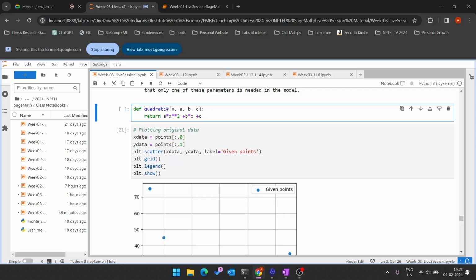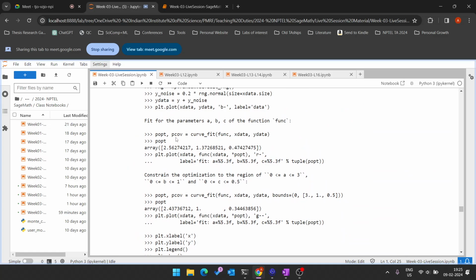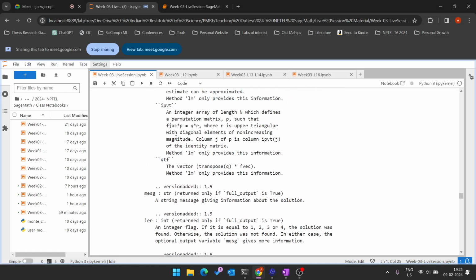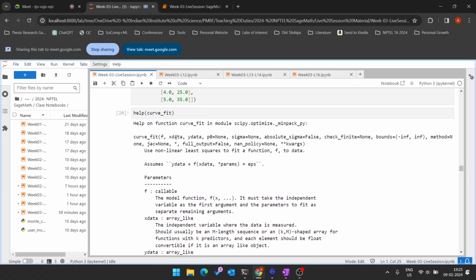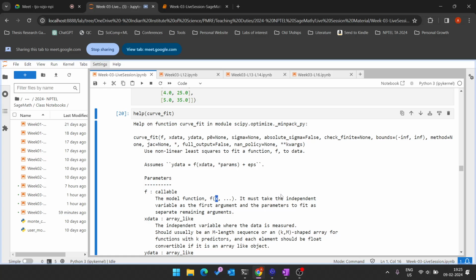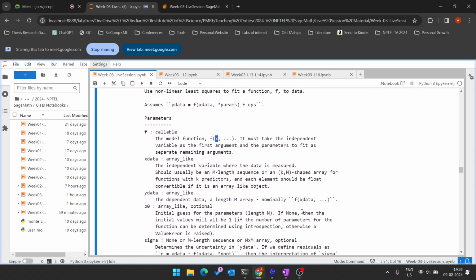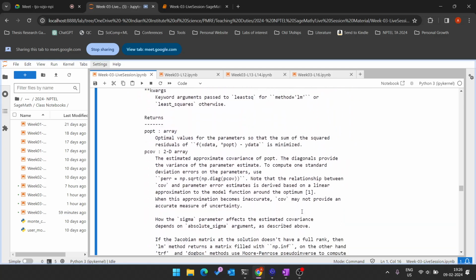So we define our quadratic function based on input x with parameters a, b, and c. Whenever we define such a function f, I think they should have mentioned that the first argument is always your independent variable, and the remaining are taken as fitting parameters.